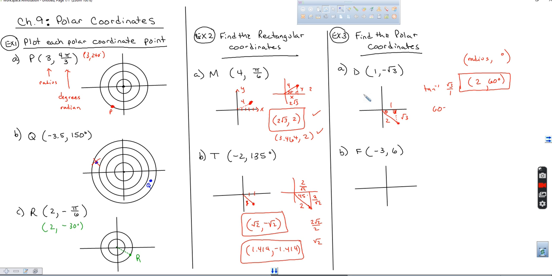So a 120 degree angle, which would be the same 60 degree reference angle. So if you go 120 degrees, so you have a radius of 2, you go 120 degrees, well, that would land you over here. But then if you want to land back in this position, you just make that negative.